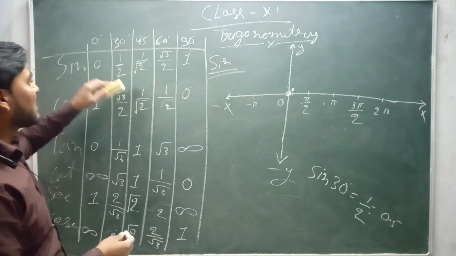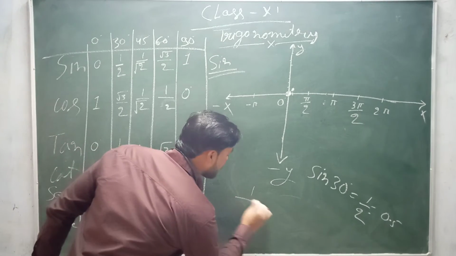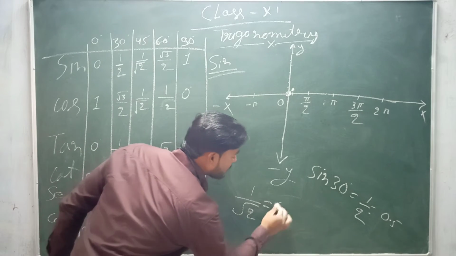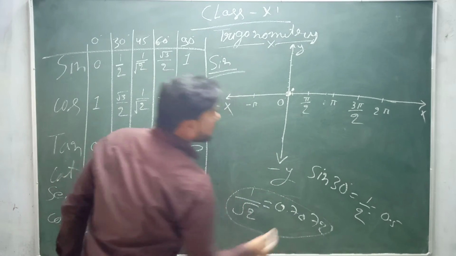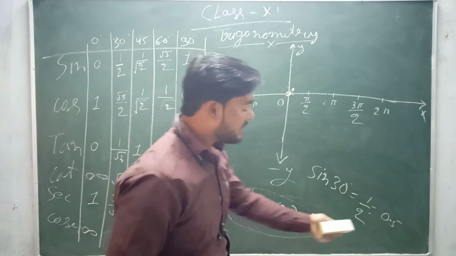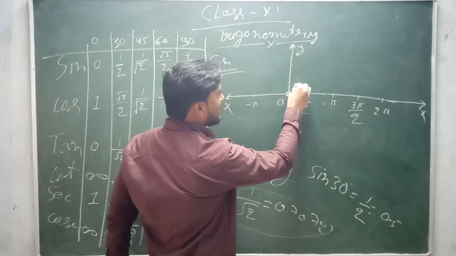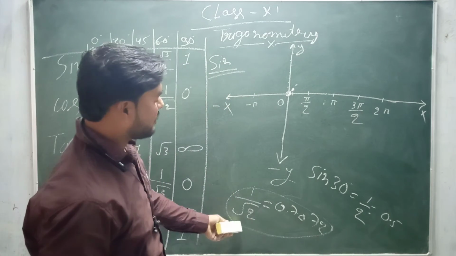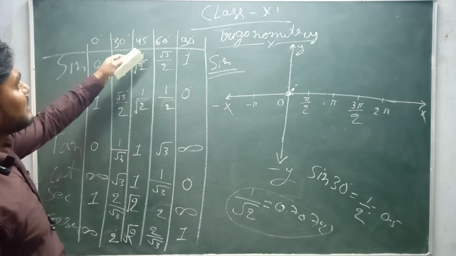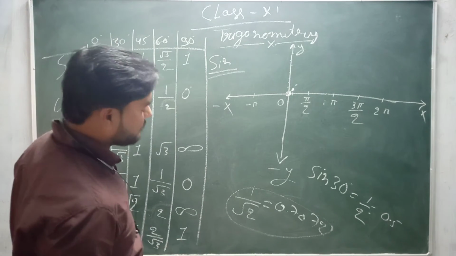Now sin 45 is 1 by root 2, which is 0.7072, larger than this, so it will be here. Sin 60 is root 3 by 2.